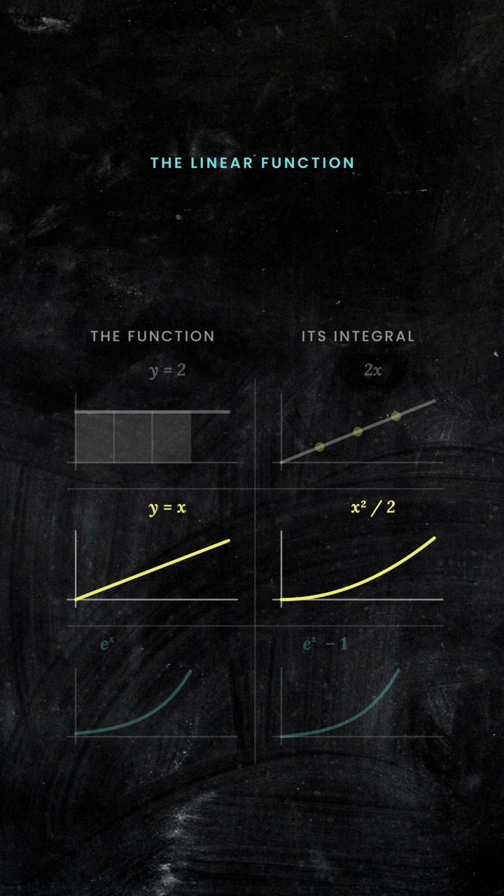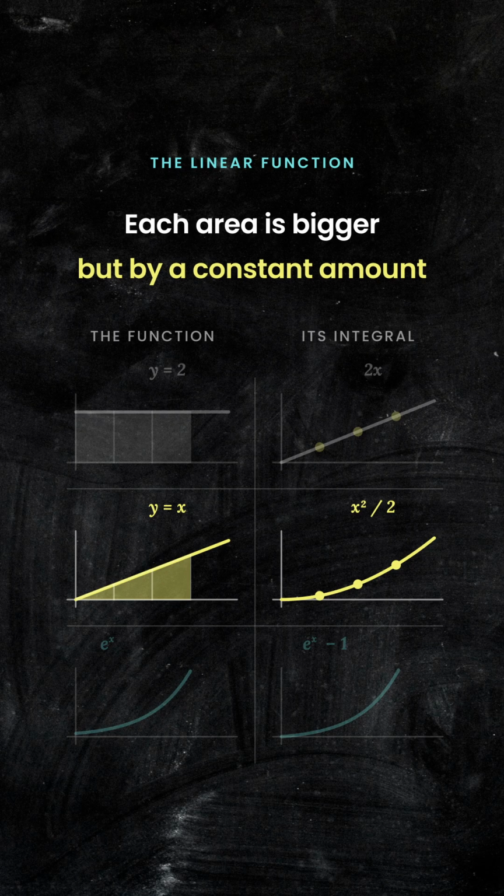If we go to the function y equals x, at the beginning the area we brought in here is a triangle's area. Then we brought in an area higher than the one before it, and here we brought in an area also higher than the one before it. Each time we bring in an area higher than the one before it, but the increase here is constant. This is what differentiates it from the exponential function.